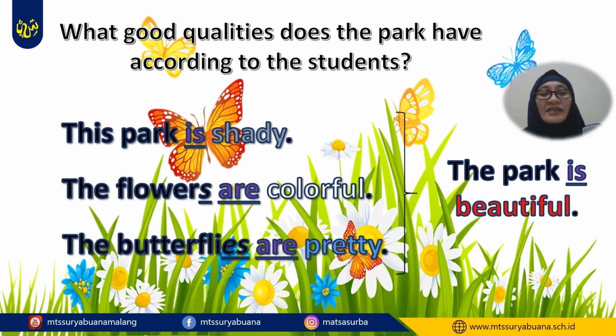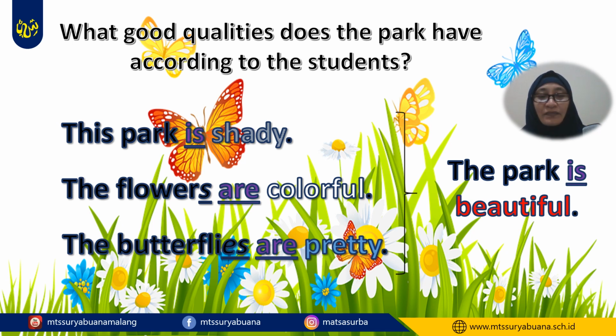Well, now please look at the use of is and are here. The park is shady. Shady here is the adjective of the park. So, shady explains about the park. Because this park, only one park, so we use is here. What about the flowers?